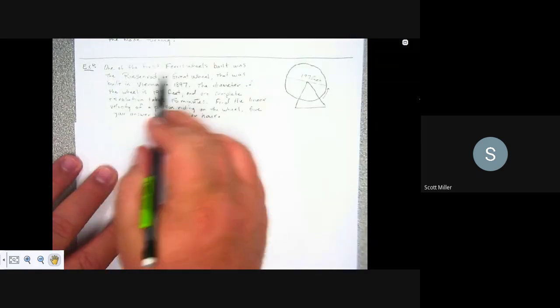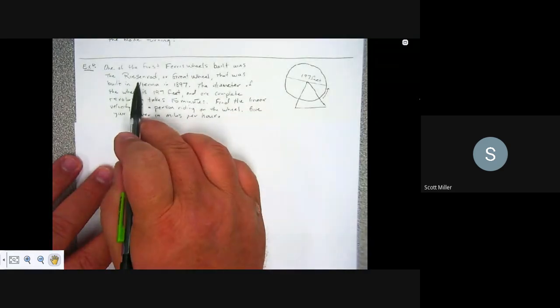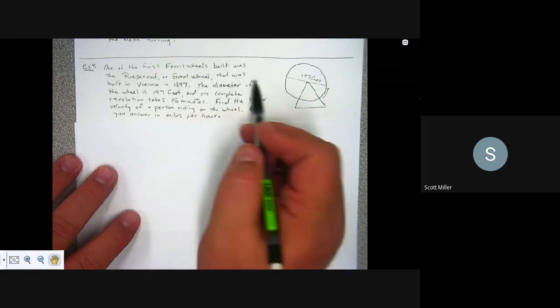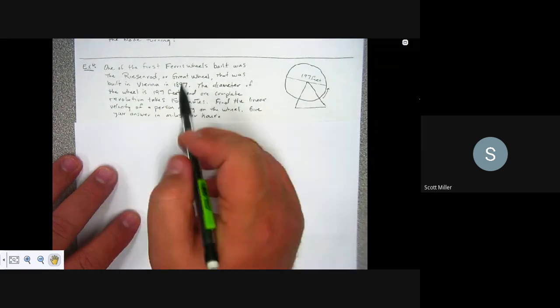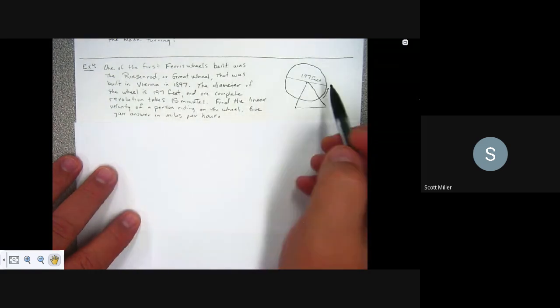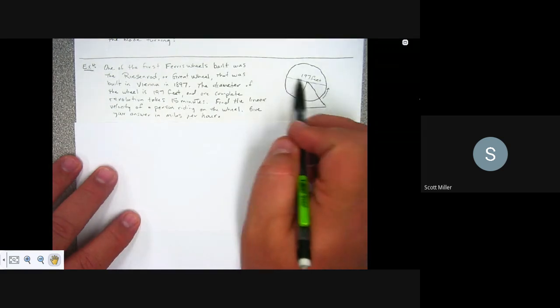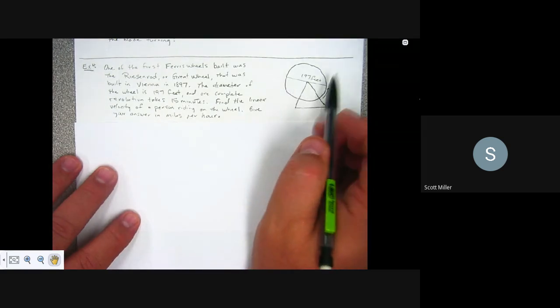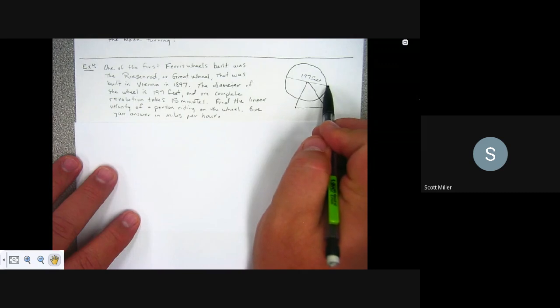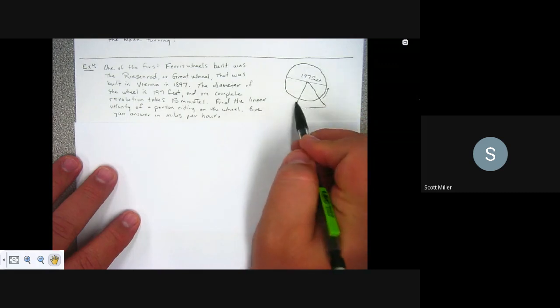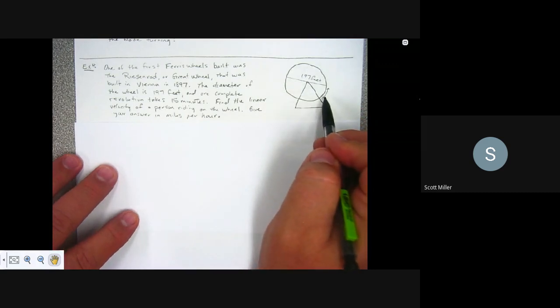So this is one of the first Ferris wheels that was built, the Riesenrad, the Great Wheel, in Vienna in 1897. It was 197 feet across in diameter, and it took 15 minutes to go around 1 time. So it went really, really slow.